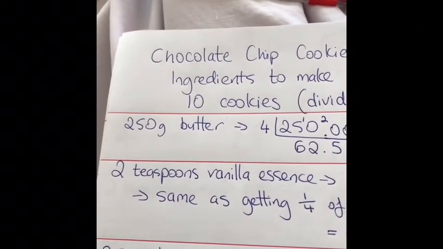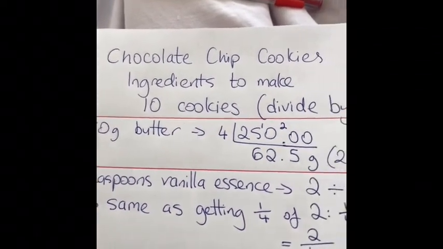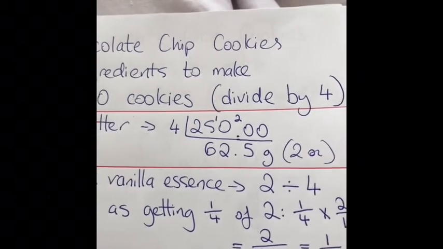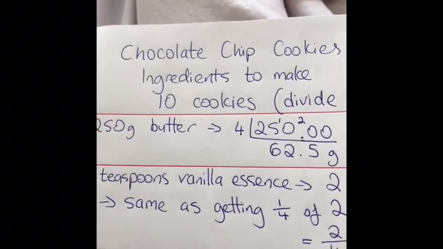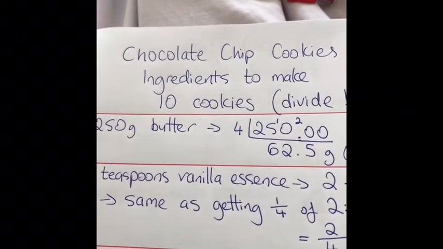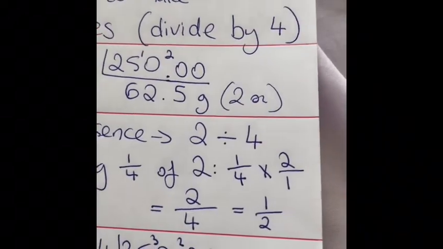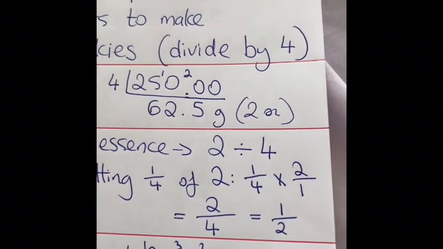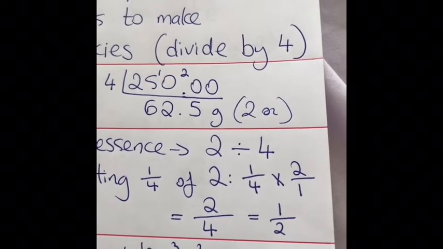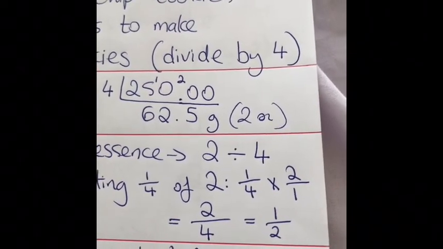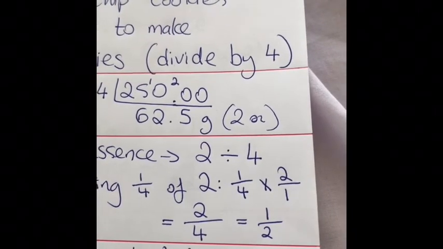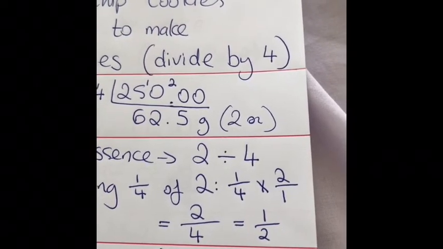We have 2 teaspoons of vanilla essence. So it's 2 divided by 4. We're essentially quartering it. So think about it in terms of fractions. I think it's easier. Same as getting a quarter of 2. And in maths, the way we could write that is 1/4, 1 over 4. The word of, in maths, what we tend to do is use a multiplication sign for it.